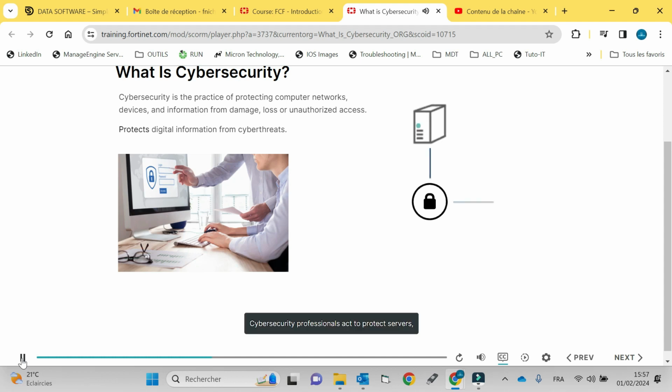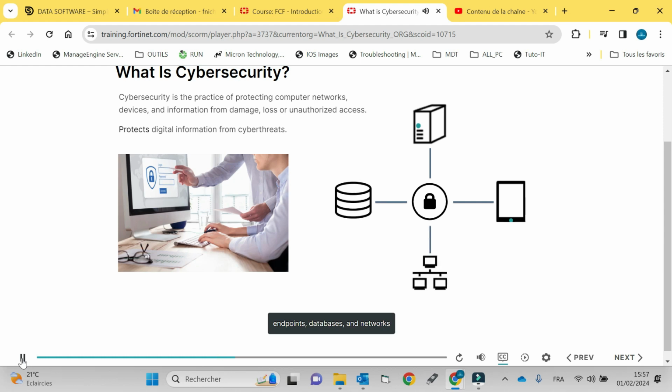Cybersecurity professionals act to protect servers, endpoints, databases, and networks. So this is the aim of cybersecurity. It protects servers, endpoints, devices, and networks by finding security gaps and misconfigurations that create vulnerabilities.